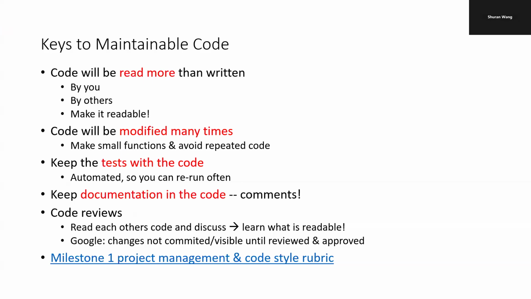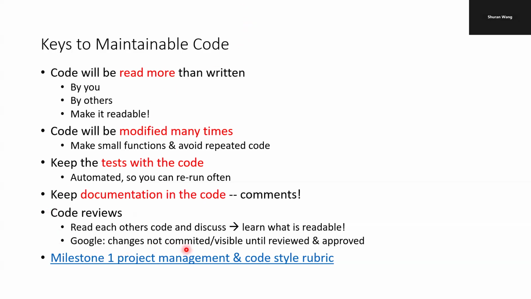Keep the tests with the code so that it's automated whenever you build and run. Keep documentation in the code by using comments, and have a good habit of code reviews with everyone in your group. Read each other's code and discuss what is readable, what is not.